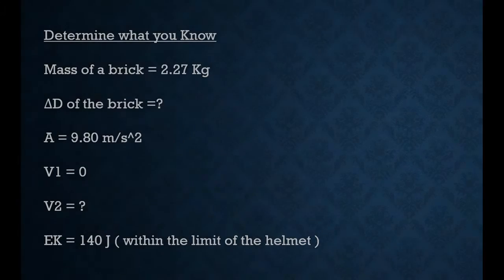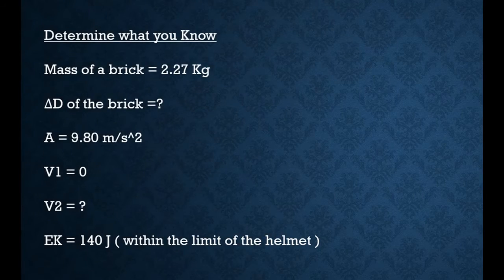Let's find out what height Kevin would have to throw the brick off of in order for Marv to be able to survive. Let's take a look. Before we start our calculations, let's determine what we know. So we know the mass of a brick is 2.27 kilograms. We know that the acceleration due to gravity would be 9.80 meters per second squared.